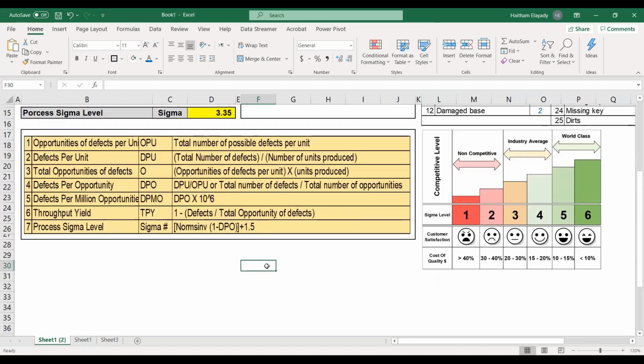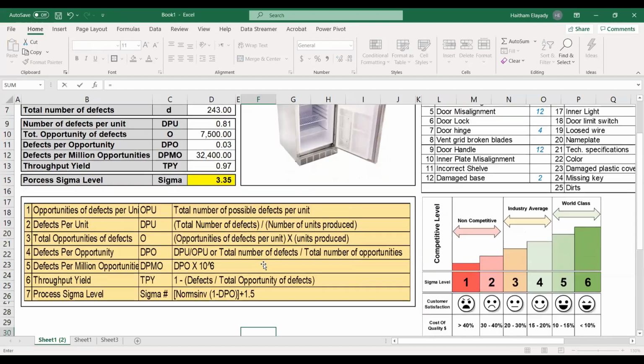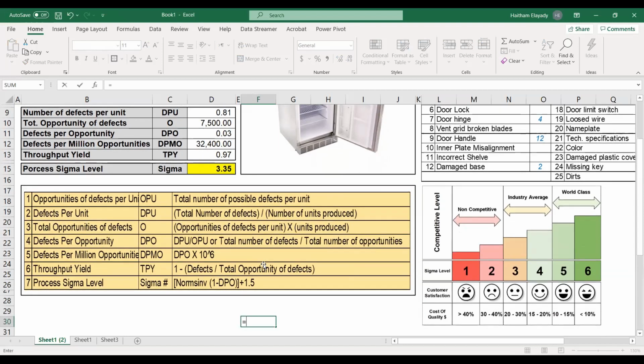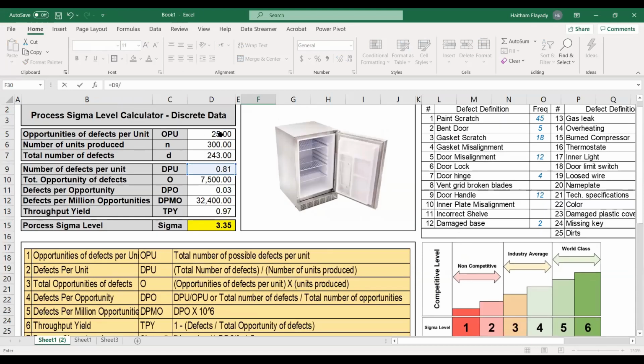So let's see what the result will be. Let's do it together so we make sure that we are doing the right calculation. The DPU is 0.81, which is the D9, divided by the OPU, which is 25.